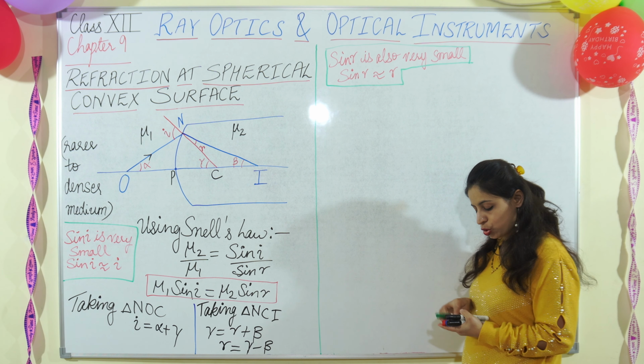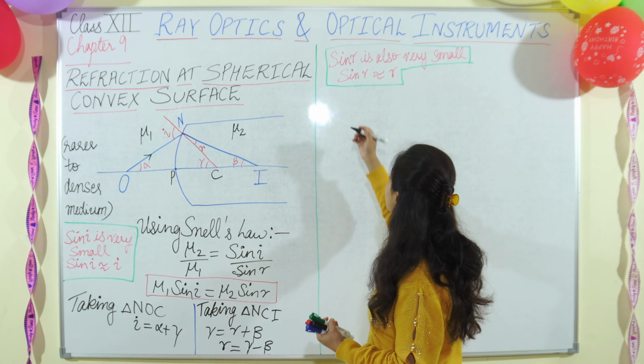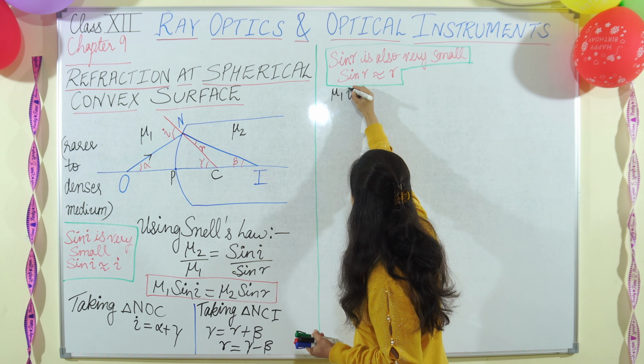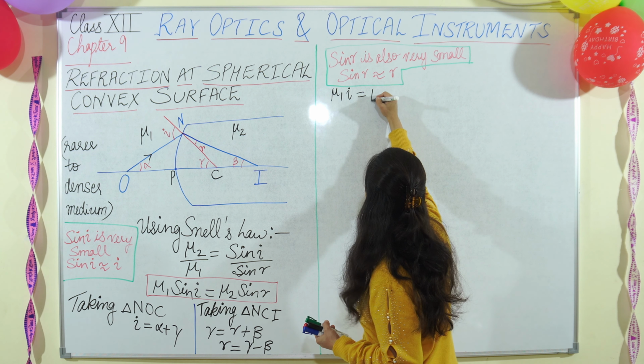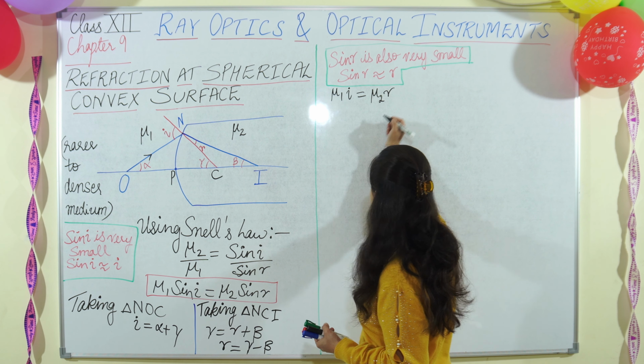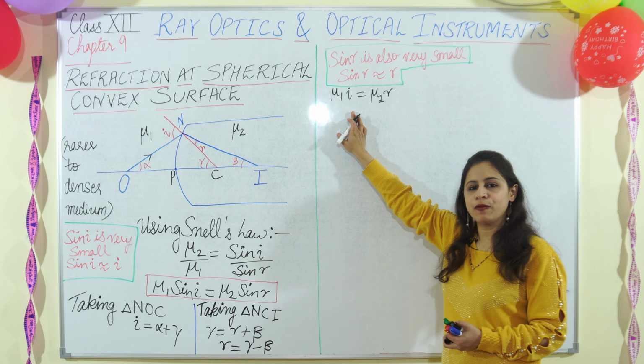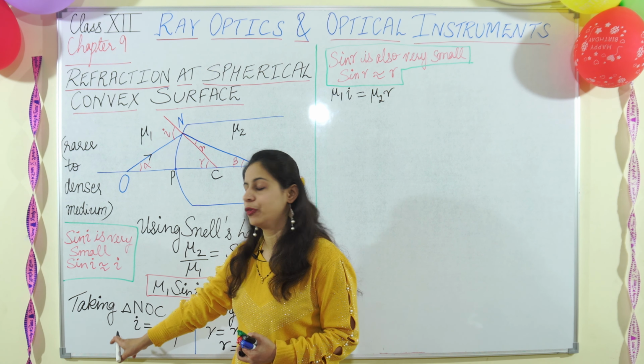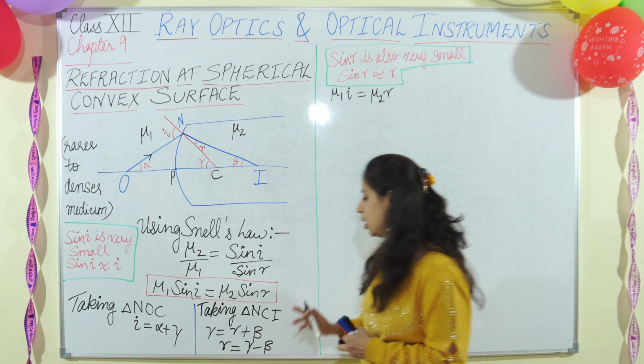Okay. So from here we'll be getting mu1 I equal to mu2 R. In the place of I, we can put the value alpha plus gamma, which we have found out with the help of triangle NOC.